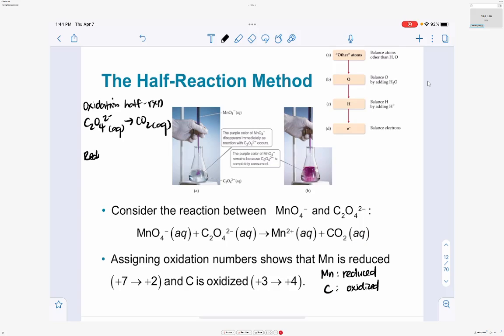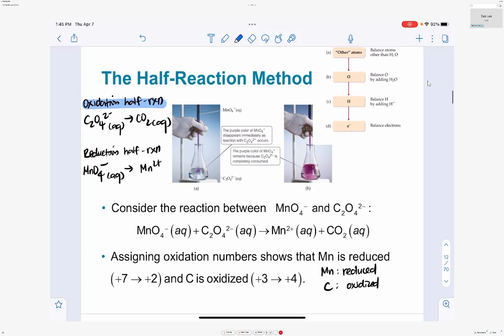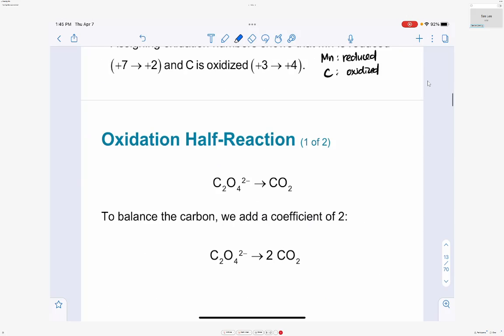The reduction half reaction is going to be this portion of the reaction, which involves manganese. Let's balance the oxidation half reaction first. So this is the oxidation half reaction.